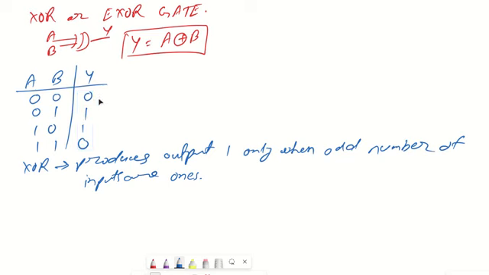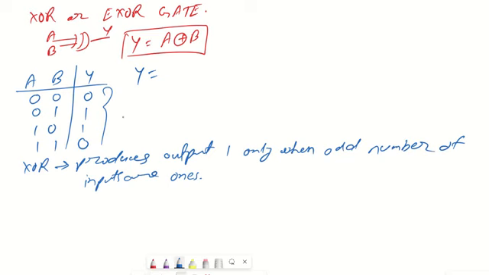Understood? Quickly, if we want to write down the expression using these terms, we can write it in terms of min term and max term. Let us write the min term first. Wherever we see 1, my output will be a bar b plus a b bar.